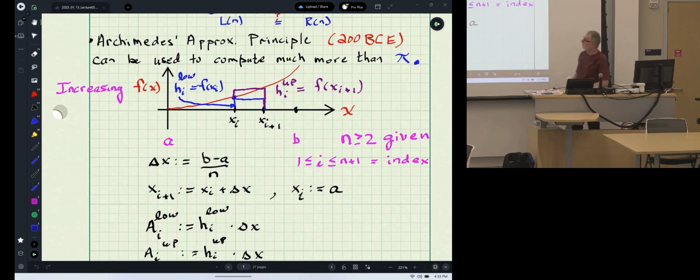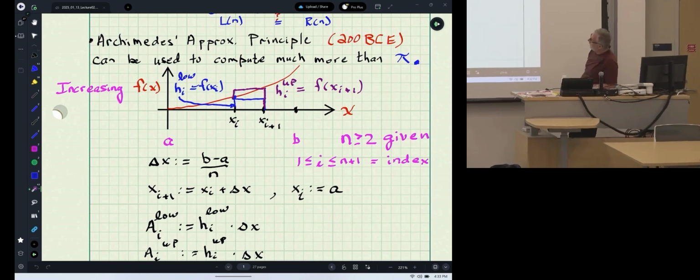And so what we do is we form a lower bound on the area underneath the function. So the area would be all of this stuff. Okay, and the lower bound is we just go across, that's one rectangle, and the upper bound is here. So it's clear that the true area is between those 2 rectangles.